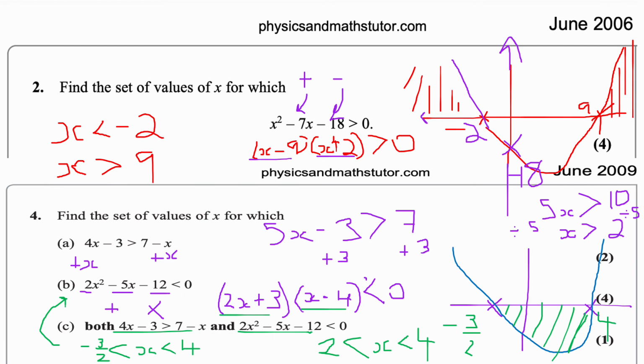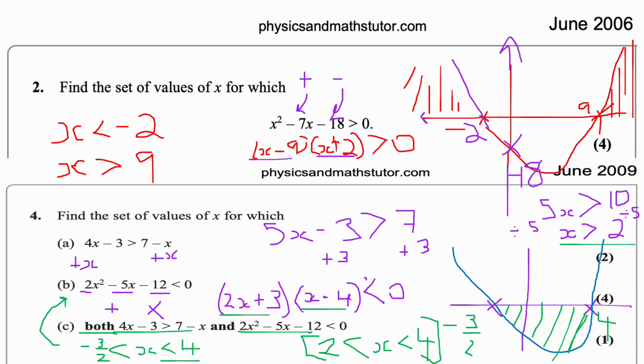But when we're looking at both here, we're looking at the overlap between the linear inequality and the quadratic. Obviously x has to be bigger than 2 and less than 4, but it can't go back to -1.5. So this is my answer to part C. I'll put it in square brackets just to be very careful and clear. That's the overlap between the linear inequality and the quadratic inequality.